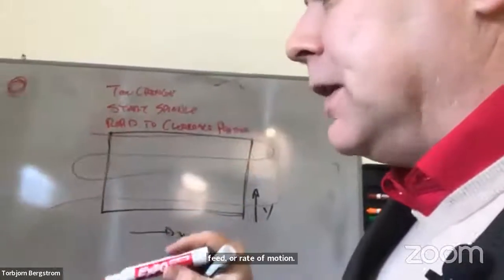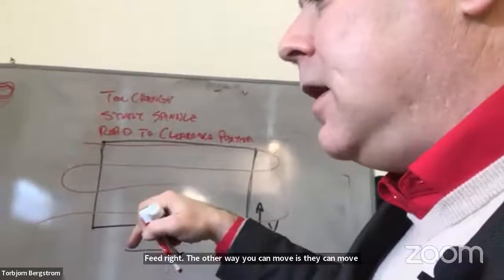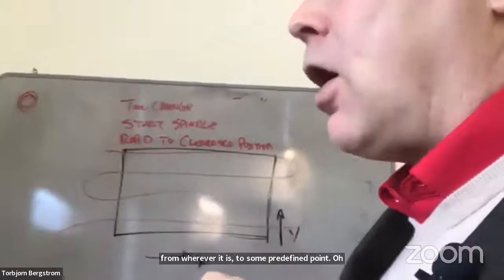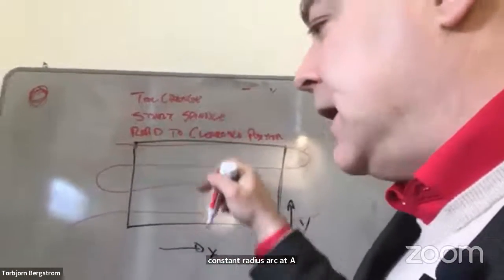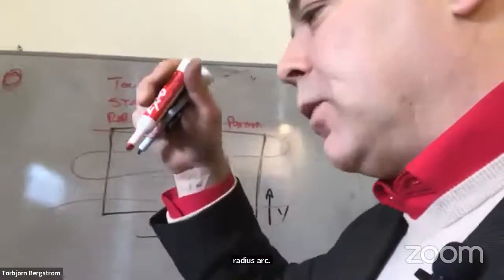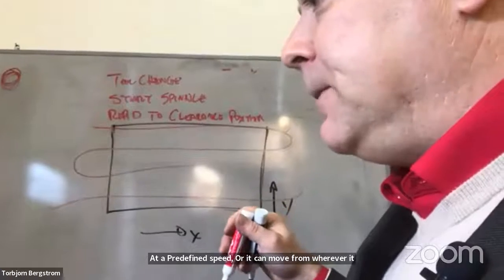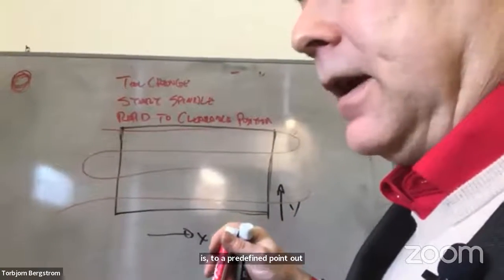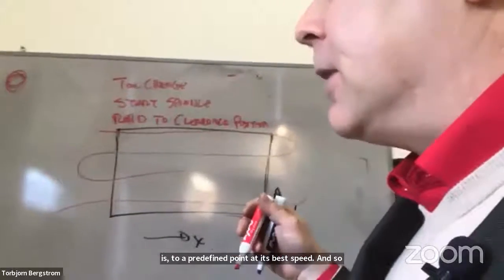The other way it can move is along a constant radius arc to a predefined point at a predefined speed, or it can move from wherever it is to a predefined point at its best speed. When it's moving at its best speed, it's moving in rapid motion.